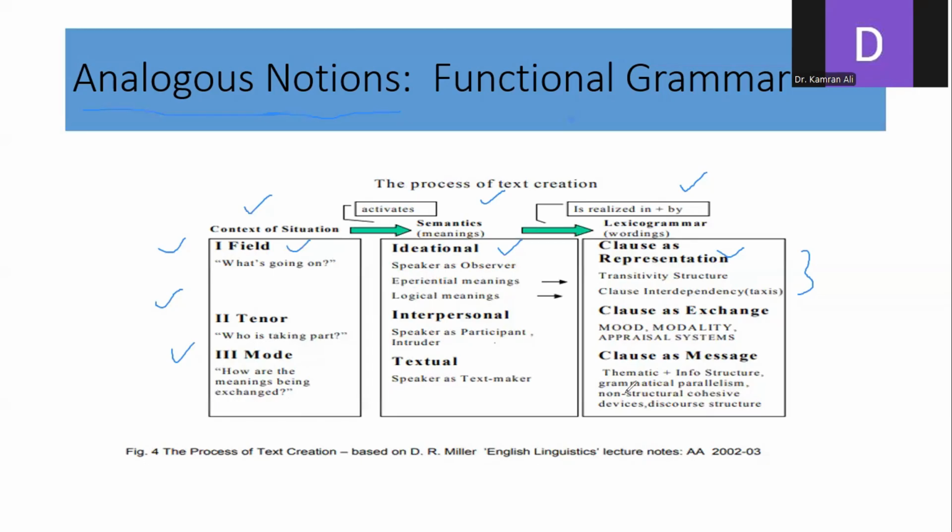Okay, would depend on what channel you have opted for. On the other hand, if you have chosen to communicate through an article, right? Of course, your clause as message, the elements in clause as message would be entirely different.